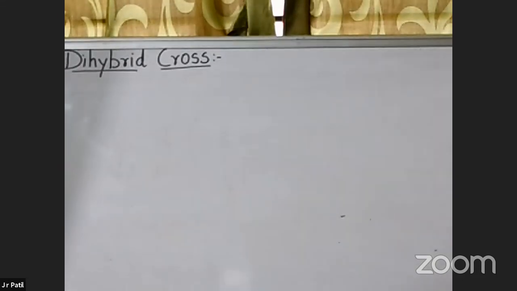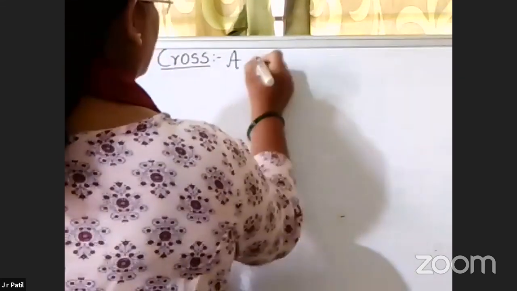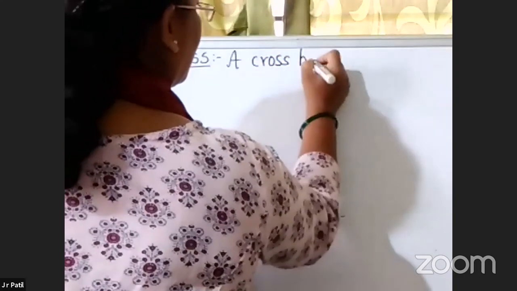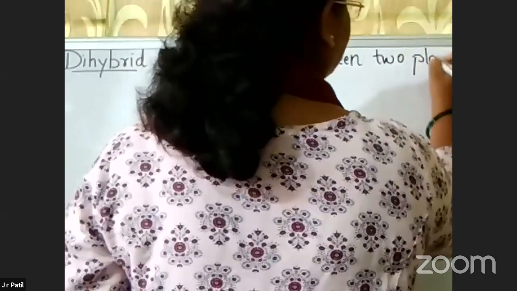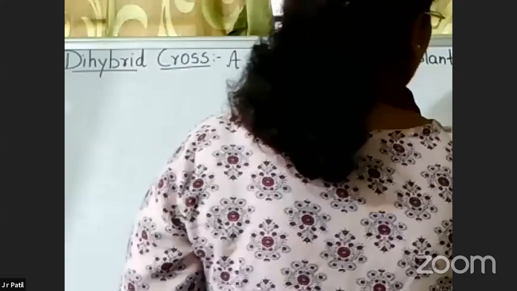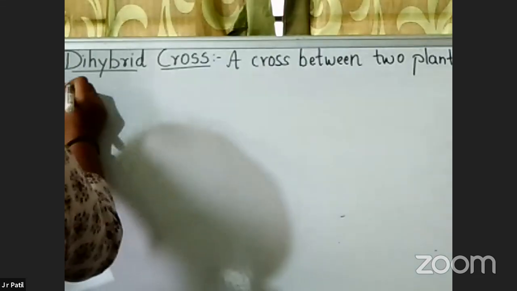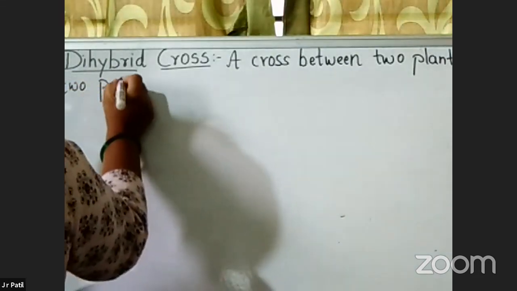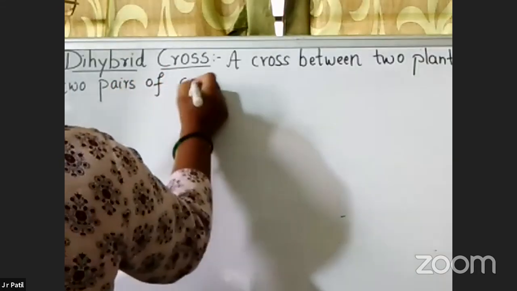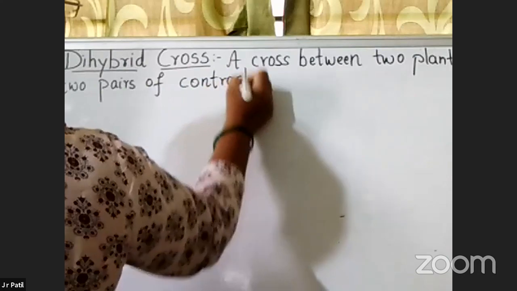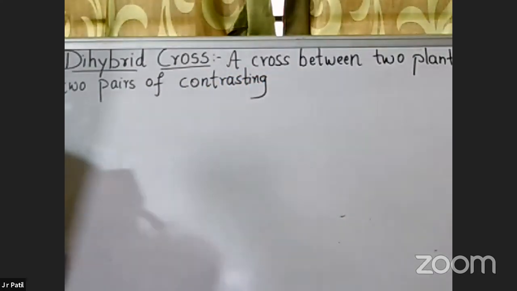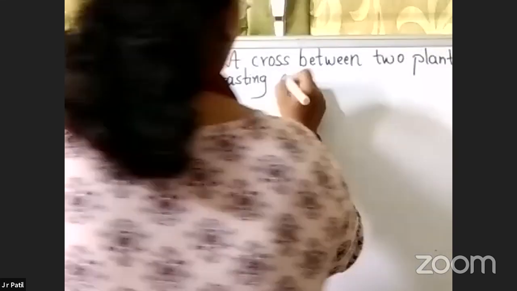That kind of hybrid cross is a cross between two plants having two pairs of contrasting characters.